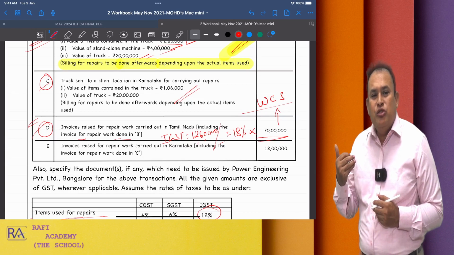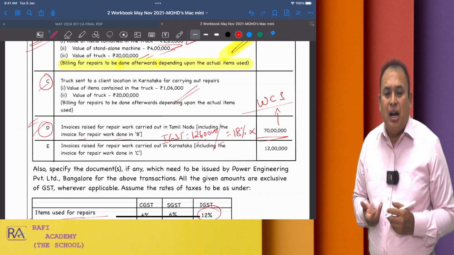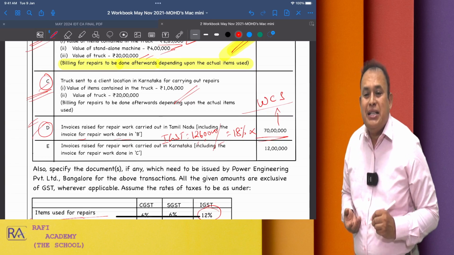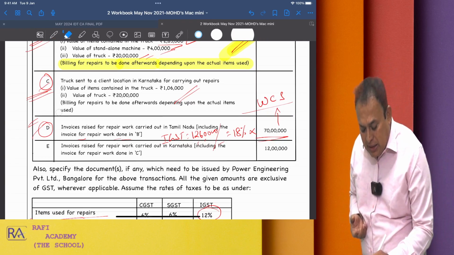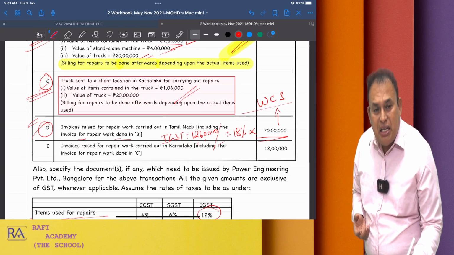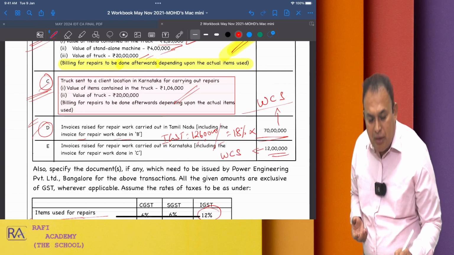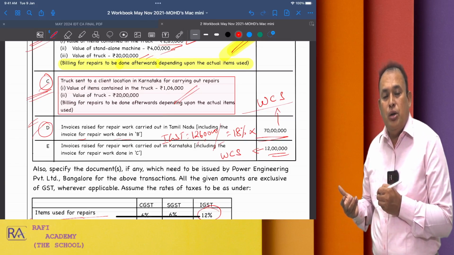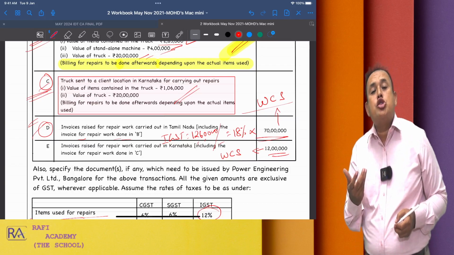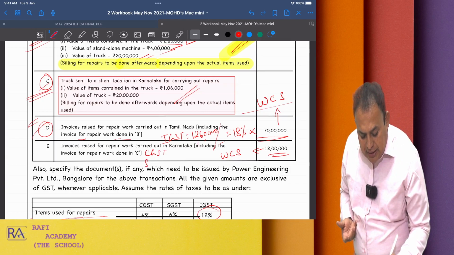When we talk about invoice raised for repair work carried out in Karnataka, including invoice for repair work done in C, within the state, what they supply to the client location is completed work, and they raise the invoice of 12 lakhs, which is also called works contract service. Since the location of supplier is Bangalore, Karnataka, and the recipient of service, namely the client, is in Karnataka, it is an intrastate supply liable for CGST and SGST.